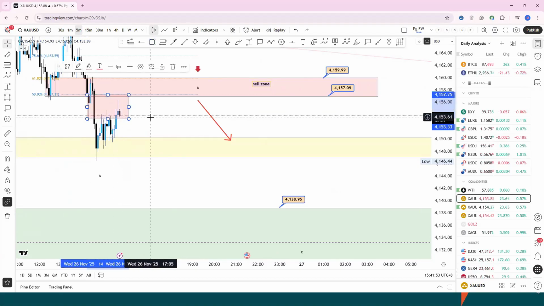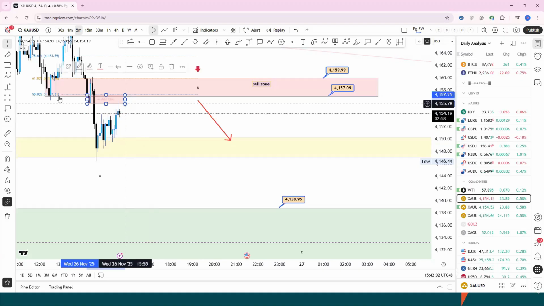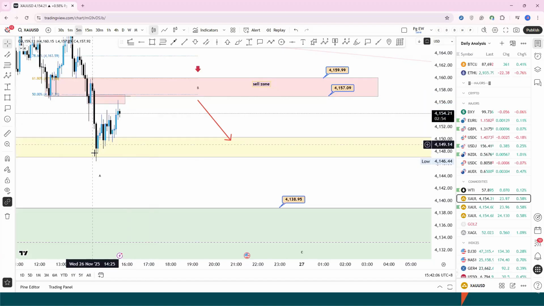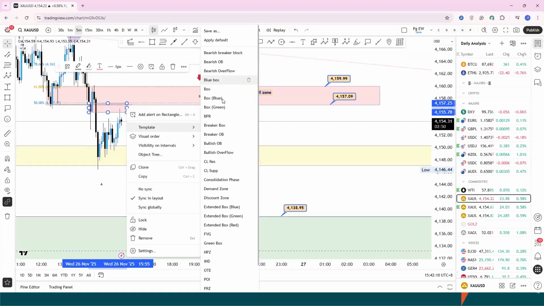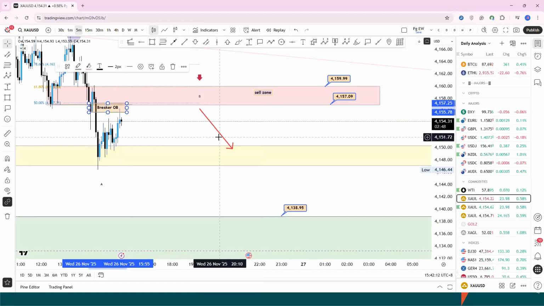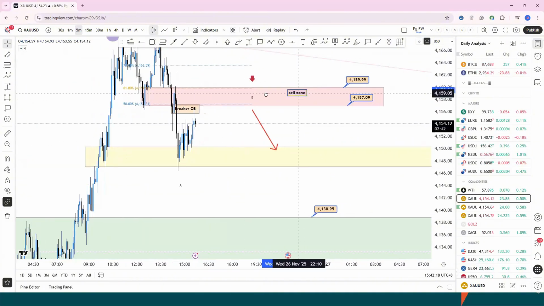Now it becomes a breaker box. Actually this one is your bullish OB, price broke below and pulled back. So this is gonna become your breaker box. Meaning that at the breaker box here price will fall, and I was waiting to sell at this zone.